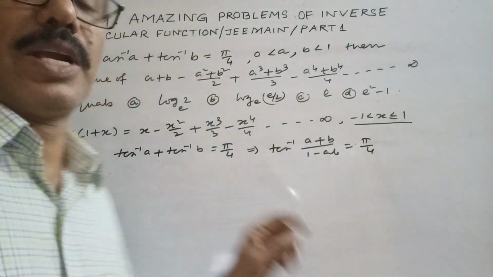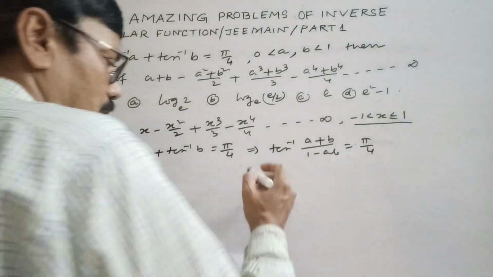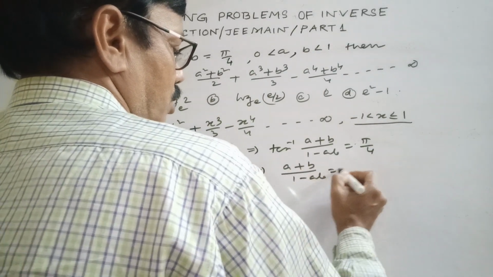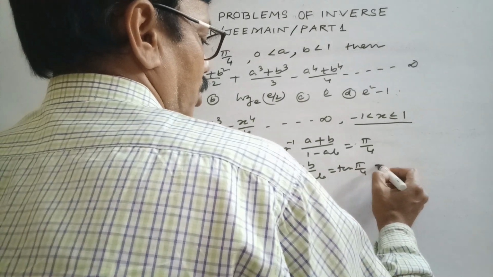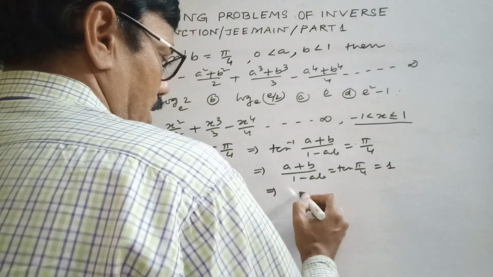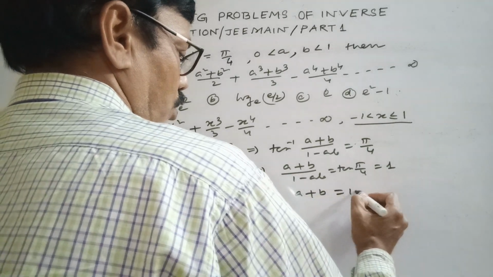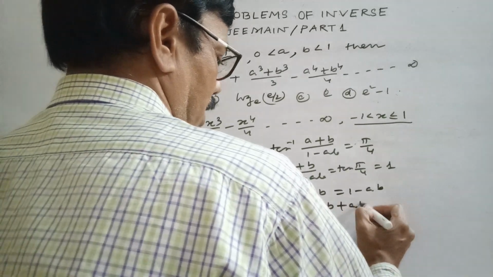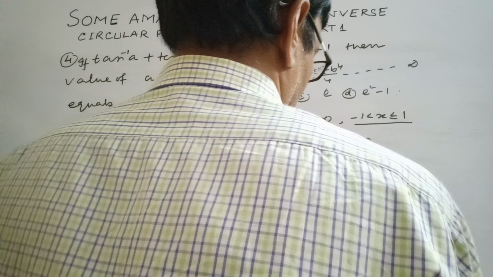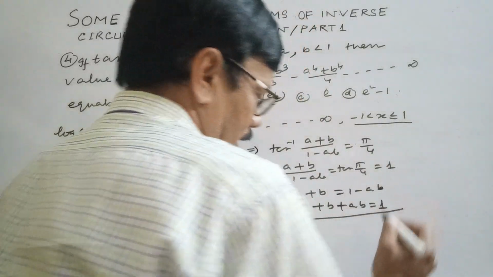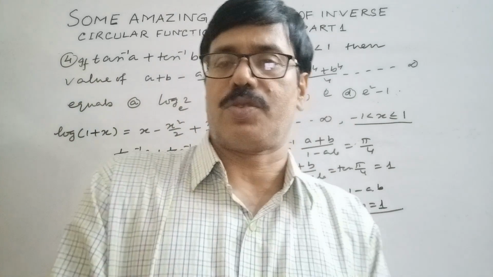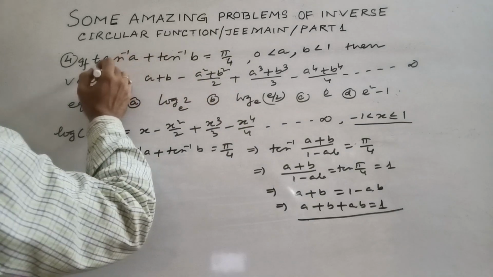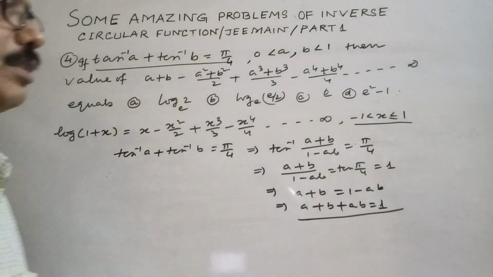By the formula of tan inverse A plus tan inverse B, A plus B by 1 minus AB equals tan pi by 4, which equals 1. So we are getting A plus B equals 1 minus AB, that is A plus B plus AB equals 1. So from the given relation, we are getting A plus B plus AB equals 1. So only this concept of inverse circular function.